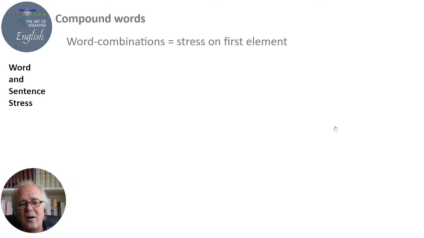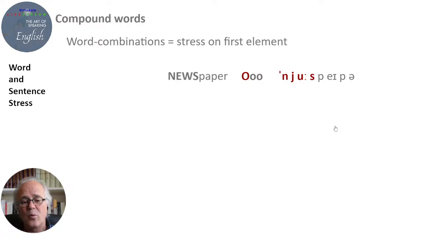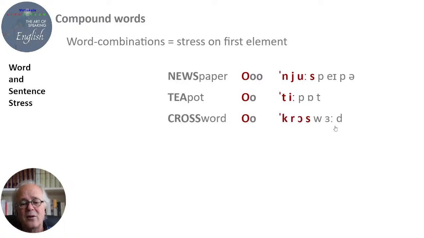We can see that compound words, word combinations, will have the stress on the first element. So words that are combined from two words, like newspaper, the stress is on the first word. Teapot, stressed on the first syllable.